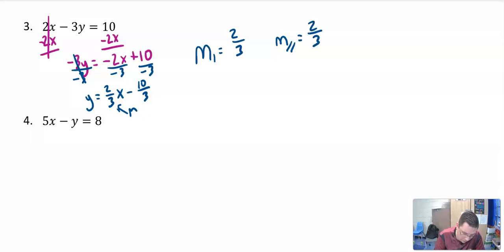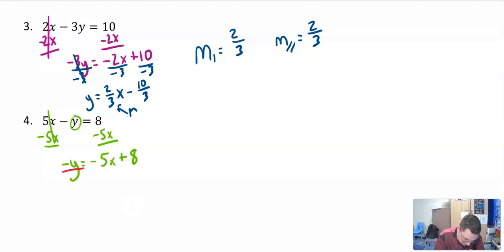Let's look at example 4. Well, in this example, we've got to, again, get this y by itself so we can get into slope-intercept form. And so my first step will be to subtract the 5x from both sides. So I get negative y is equal to negative 5x plus 8. That's not a negative there, that's just plus 8. And now I need to divide by the negative that's in front of the y here.